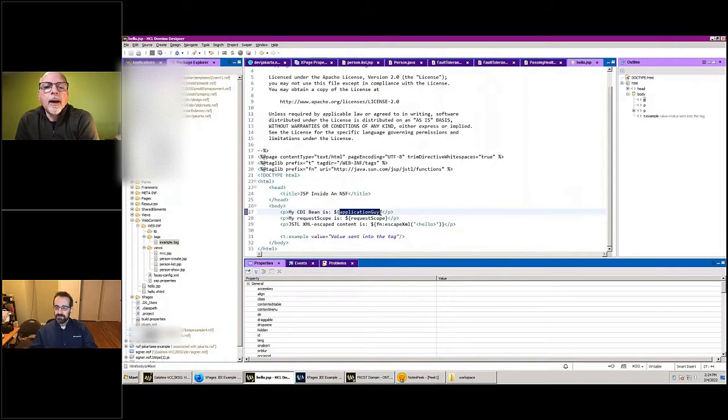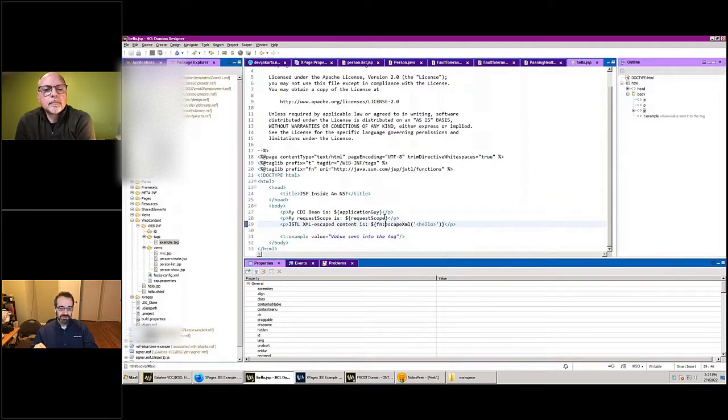It uses the same EL that was added for XPages. It uses the same CDI beans, and then you have fn here. This is a JSTL function, a standardized thing, where I'm just escaping XML, because you want to escape your output. You don't want to just emit that. And so you have all of the capabilities of full expression language and your beans, so function calling, all of that stuff that comes along with it.